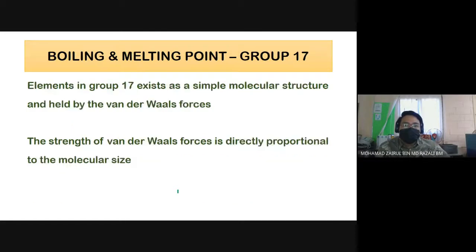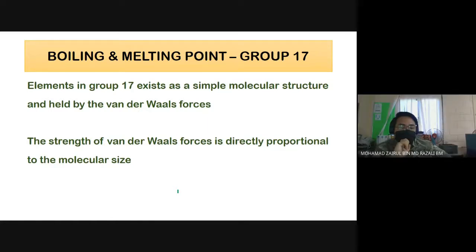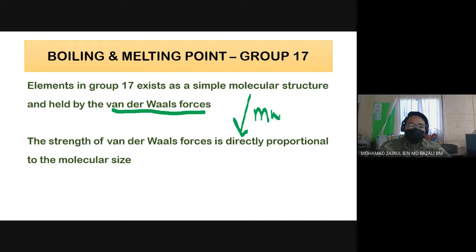Okay, group 17. Okay, group 17 dia ada tak metallic bond? Tak ada. Dia tak ada metallic bond. Okay, so kita akan terangkan in term of dia punya molecular mass ataupun in term of van der Waals forces. So going down the group, dia punya mass akan increase.